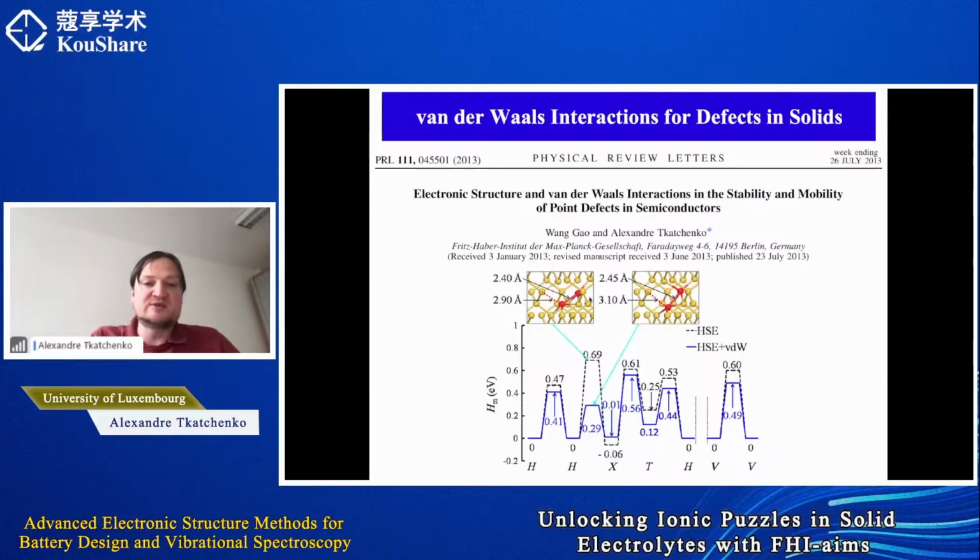And we were extremely surprised because semiconductors are, of course, tightly bound. They're chemically bound, and you usually do not consider van der Waals interactions to be very important. But we found in this work that for a particular migration between the H defect and X defect, the barrier actually is modified by 0.4 electron volts. It goes from 0.69 to 0.29 electron volts by including van der Waals interaction.